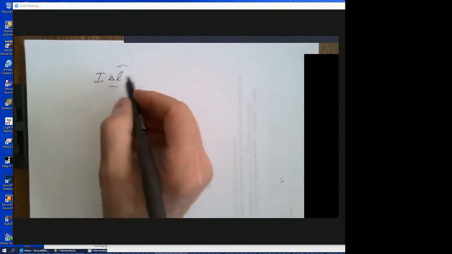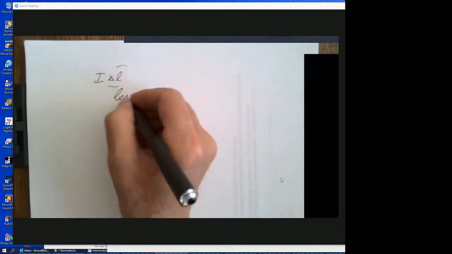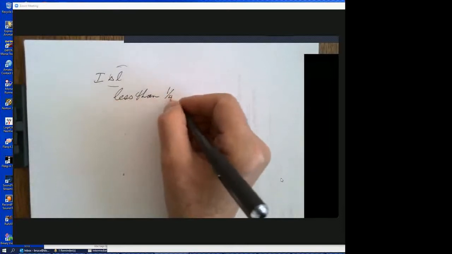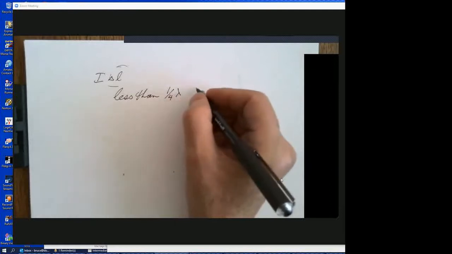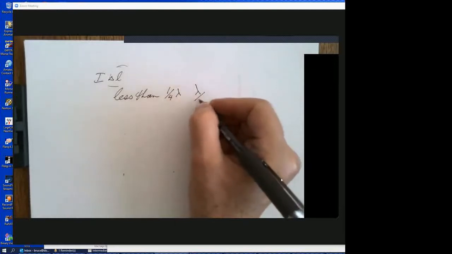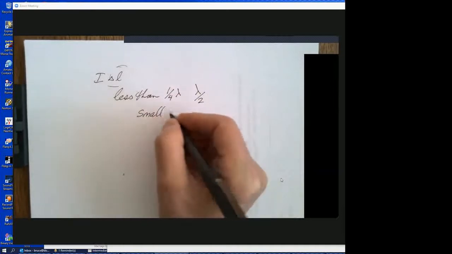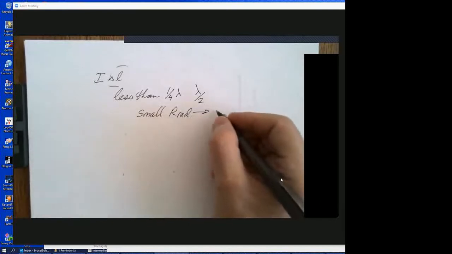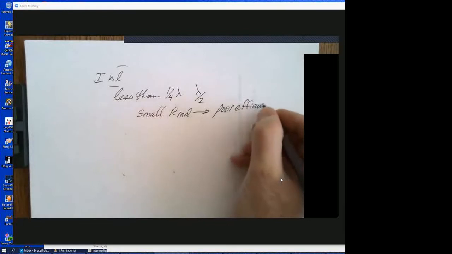If you are compromising, usually this is where you compromise, if you have less than a quarter wavelength, or you're less than a half for a vertical, or a half wavelength for a dipole, you're going to have small radiation resistance, and that's going to lead to inefficiency. Be aware of that.